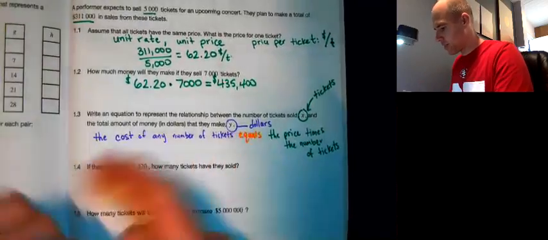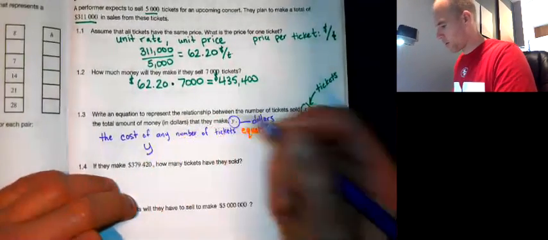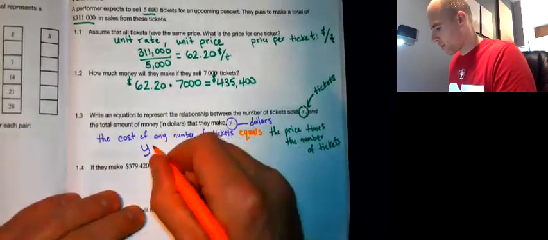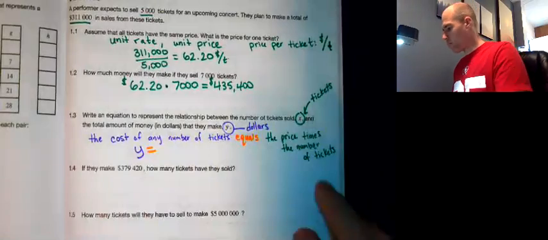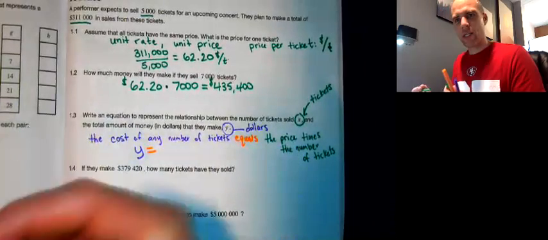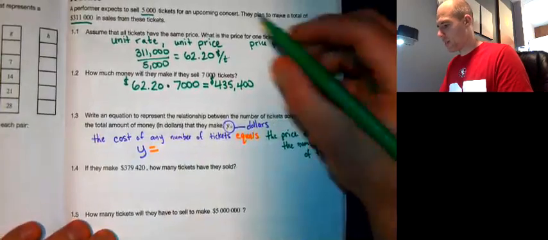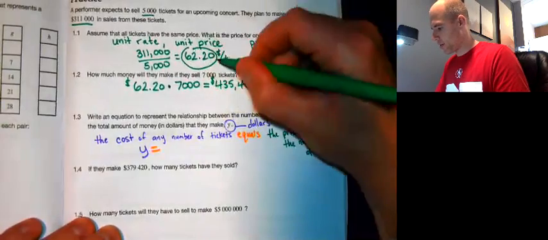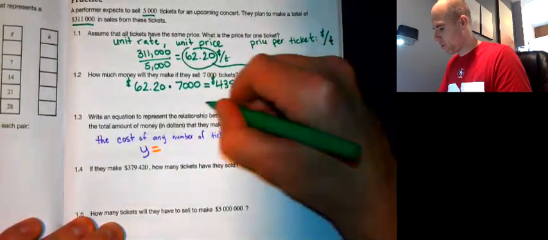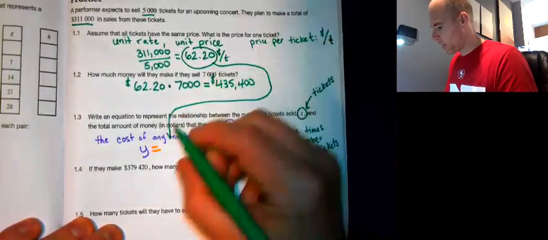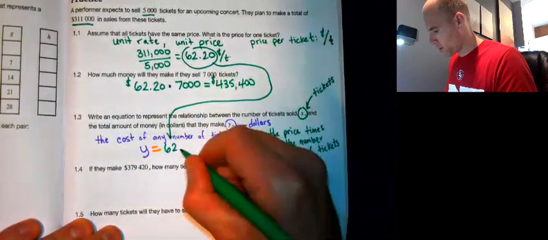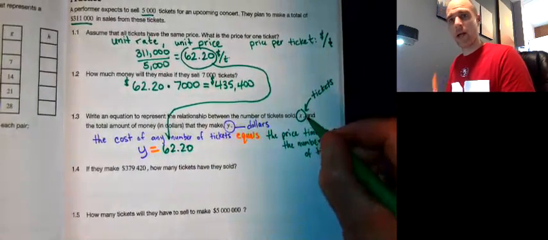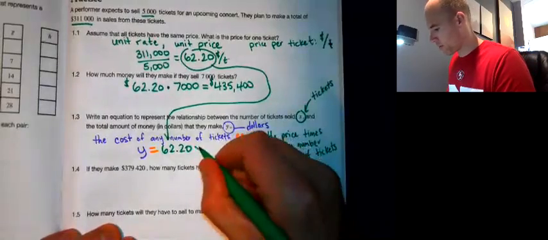Cost of any number of tickets, that's represented by a y, equals, the price. Well, the price for one ticket, we calculated that in an earlier question. It's this $62.20 right here, times the number of tickets, which we're being asked to represent with just the letter x. There's our equation.